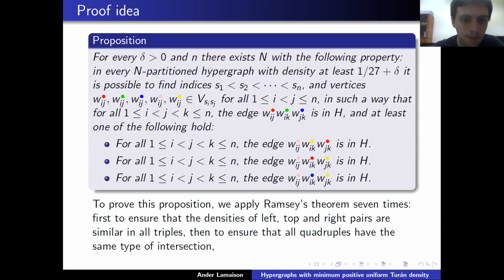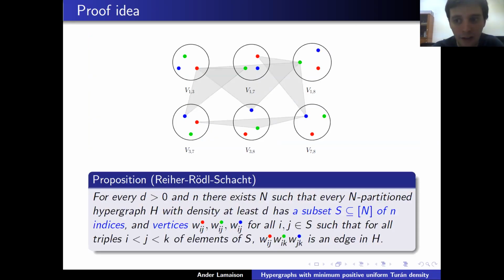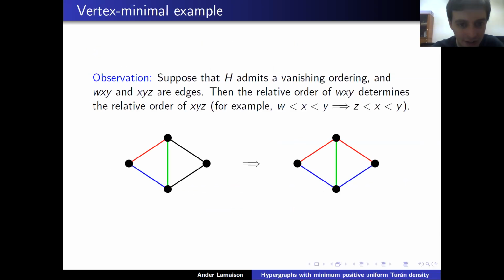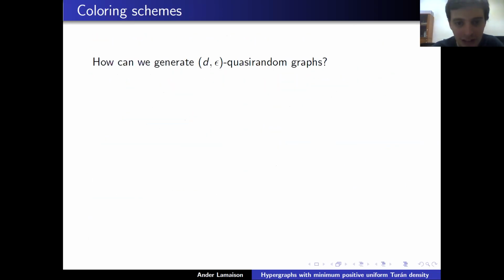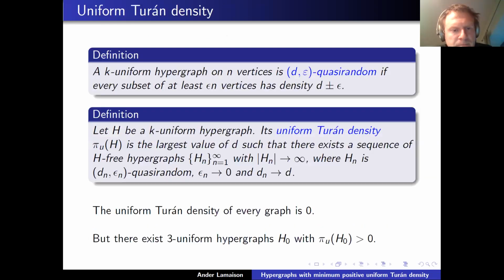So there is a survey by Reiher on similar problems where you have different quasi-randomness conditions, where you impose quasi-randomness. This would actually be equivalent to asking that if you have three sets of vertices of linear size, then the number of edges that you see in the tripartite graph that it induces is roughly the density times the product of the sizes.